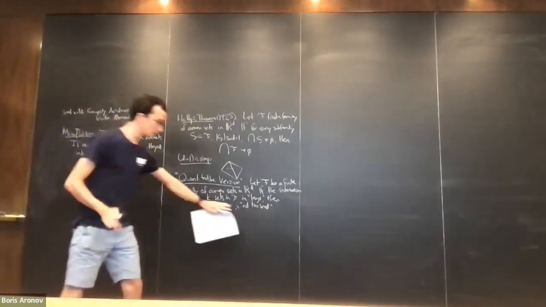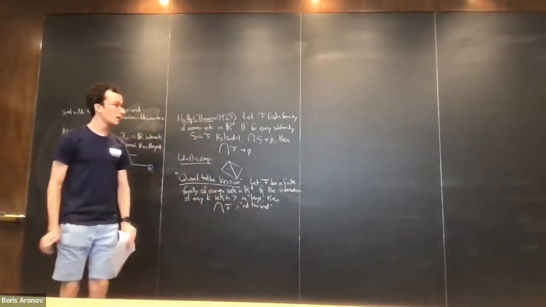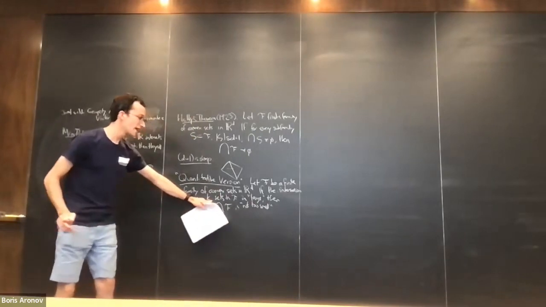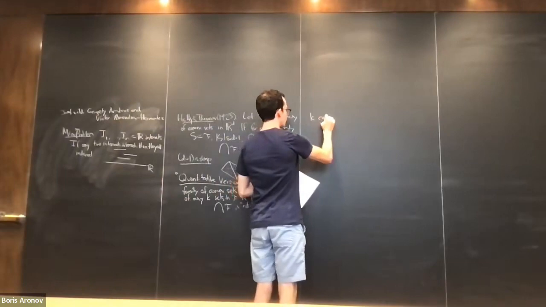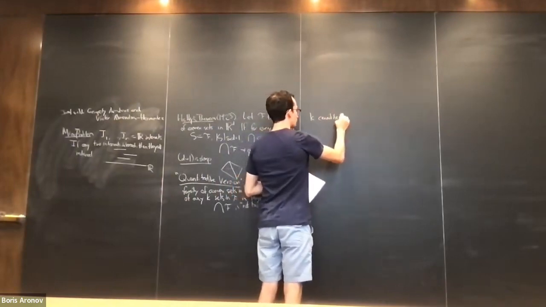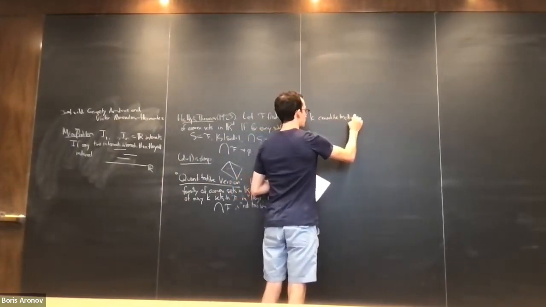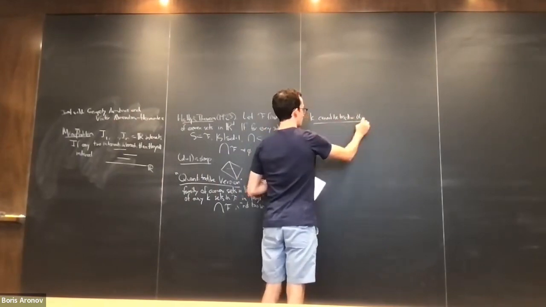But before I define these words, large and not too small, I wanted to say a word about what K is. K cannot be less than 2d, because of the following example.